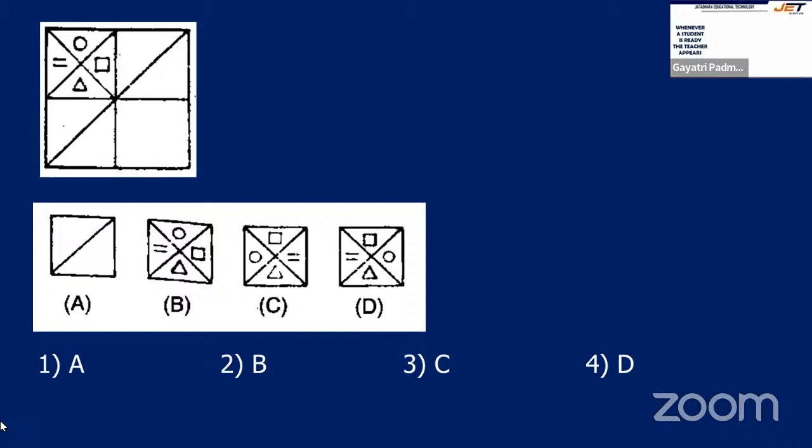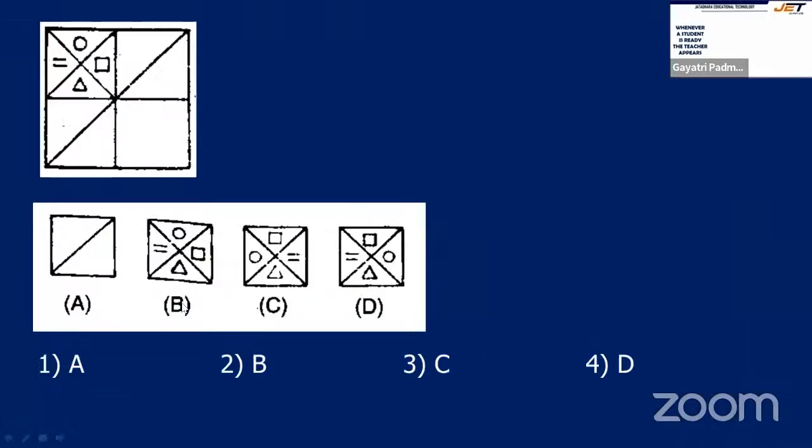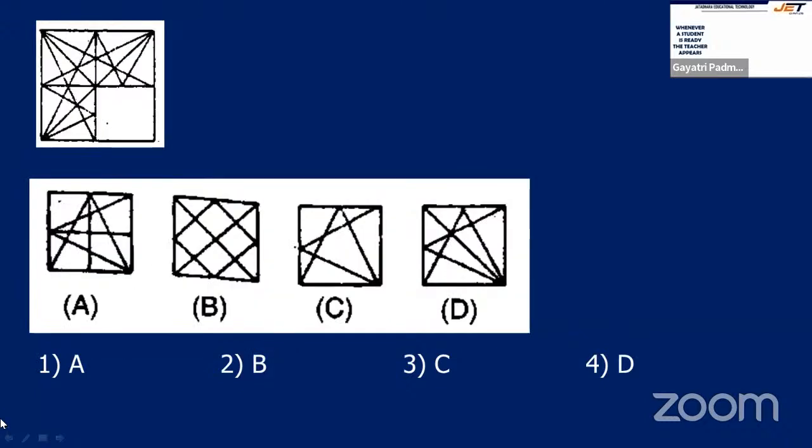All right, let's check the answer. It should be option B. All right, see the next one. We have another figure. Which is the best fit? Is it option A, B, C, or D?